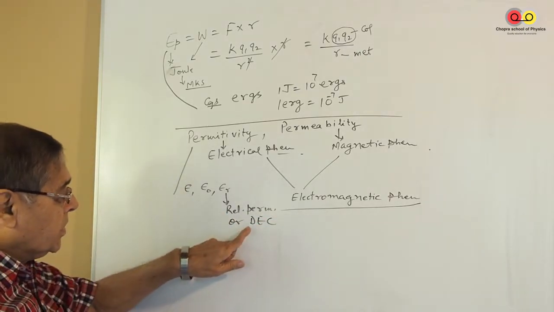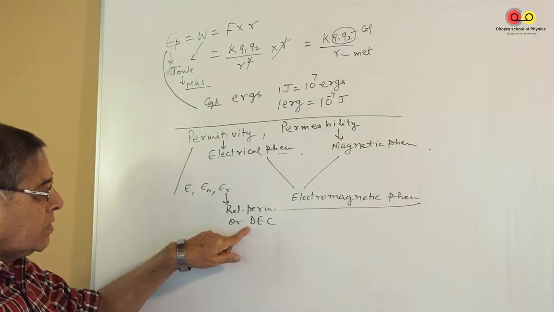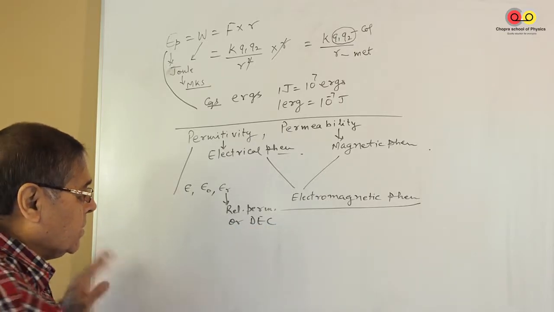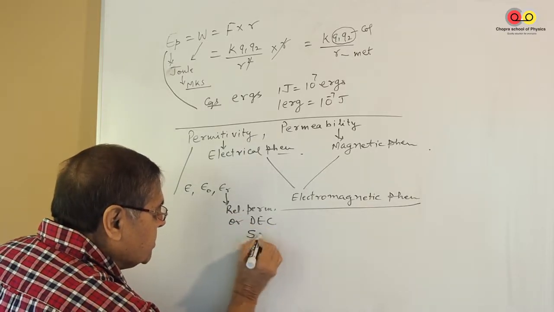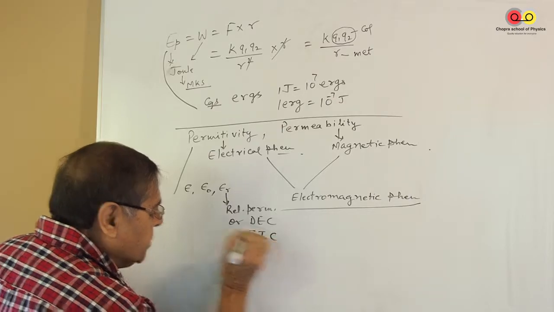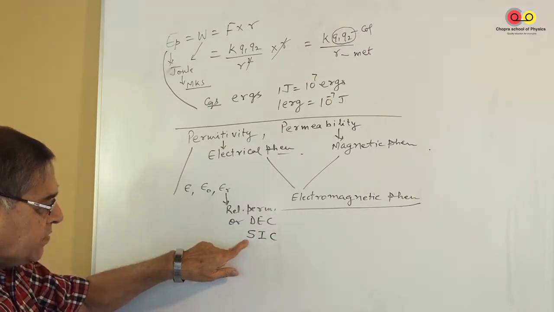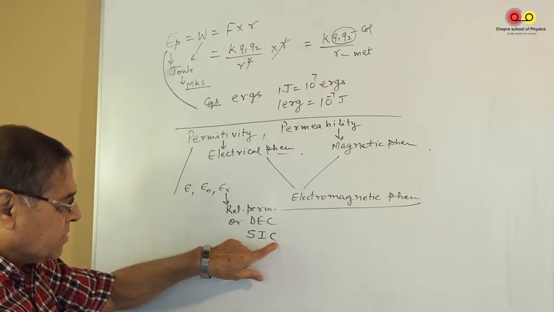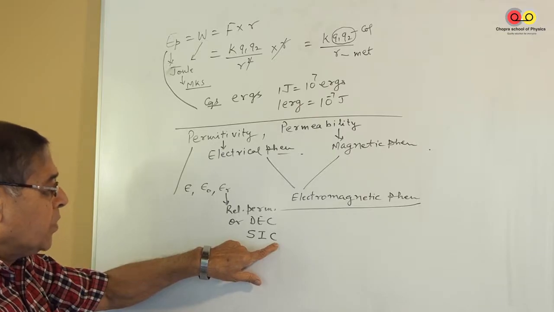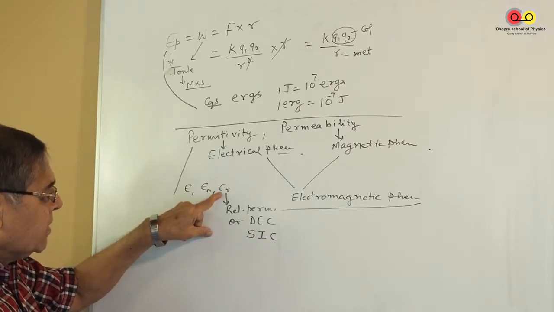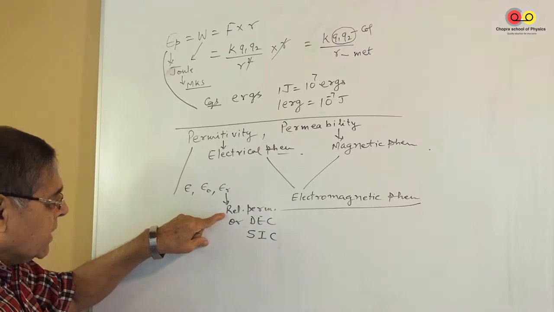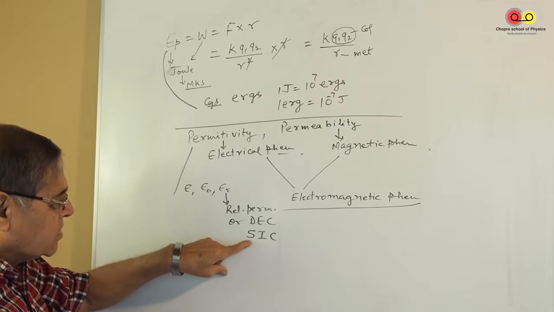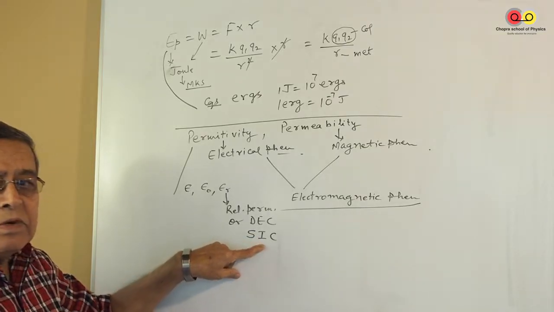DEC stands for dielectric constant. The other name is SIC, specific inductive capacity. So the point to remember, epsilon r stands for relative permittivity, the dielectric constant or specific inductive capacitance.